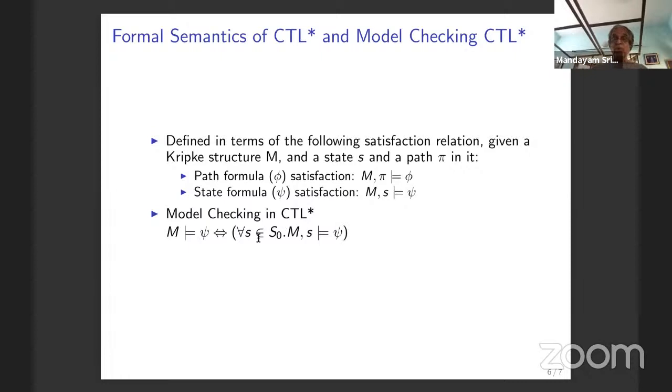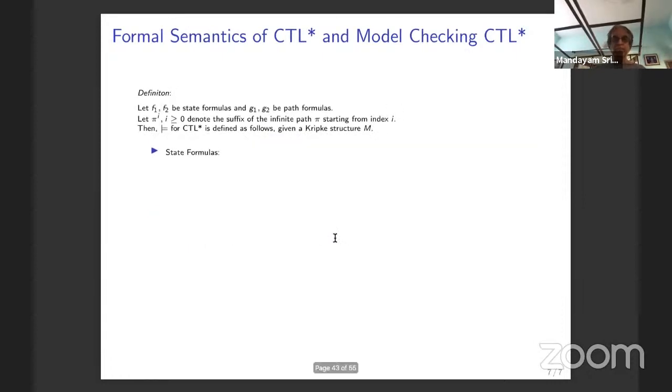So, since it's a state formula, a model M satisfies a formula psi if for every state in the initial set of states, M comma s satisfies psi. That is, every initial state in the model should satisfy the formula. And that's how we will define it.